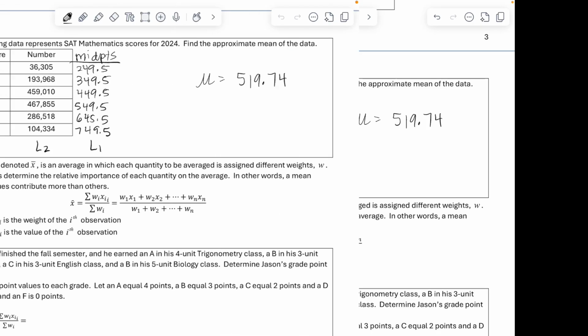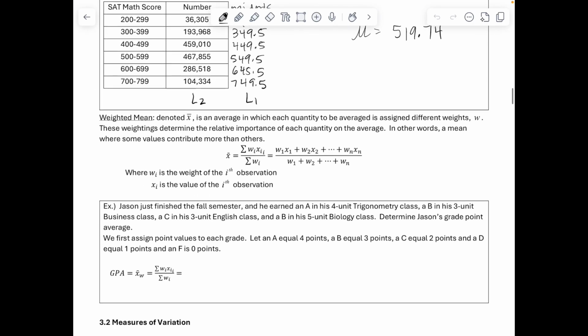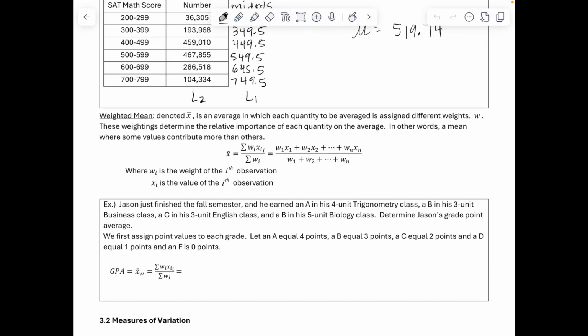519.74. Right below it says the weighted mean, denoted x bar, is an average in which each quantity to be averaged is assigned a different weight, w. These weightings determine the relative importance of each quantity in the average. In other words, it's a mean where some values contribute more than others. There's a formula down here that we're going to use to compute this, and this is like your grades.